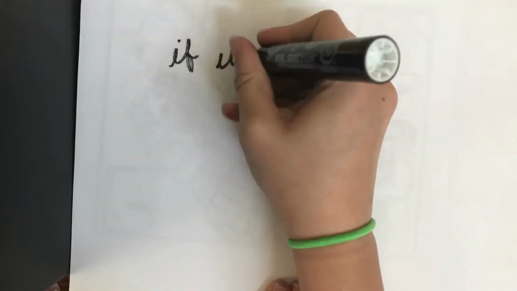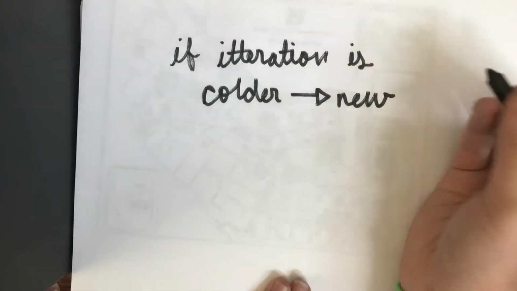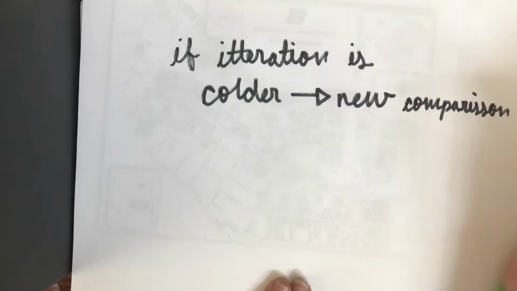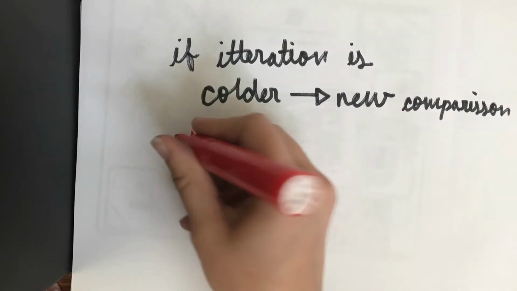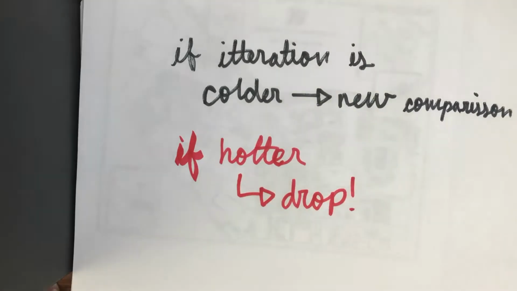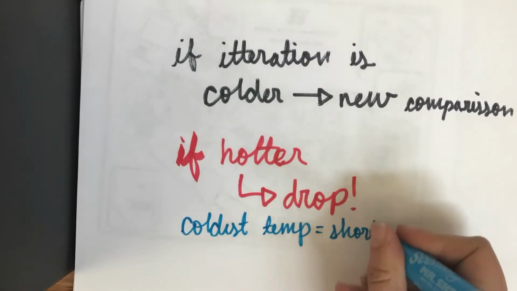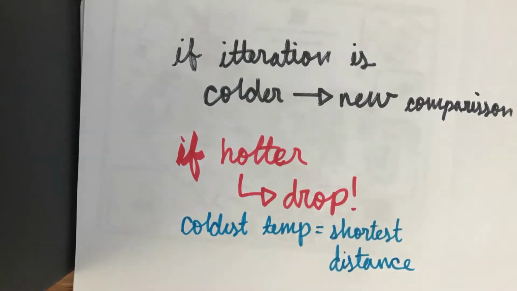To explain again, if the iteration is colder, then it's the new comparison. If it's hotter, you basically throw it out. The coldest temperature you find is also the shortest distance and your winner.